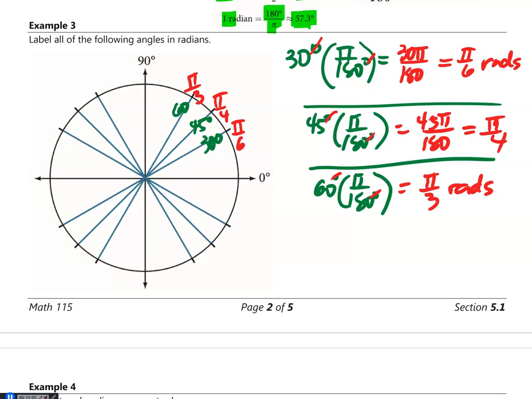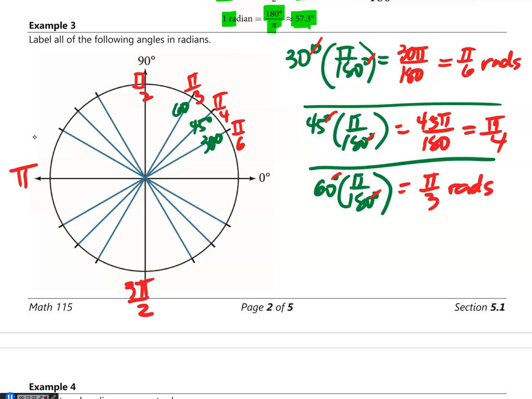And 90 times pi over 180, so that is pi over 2. And 180 over 180 is 1, so this is pi. 270 over 180 is 3 halves, so 3 pi over 2.